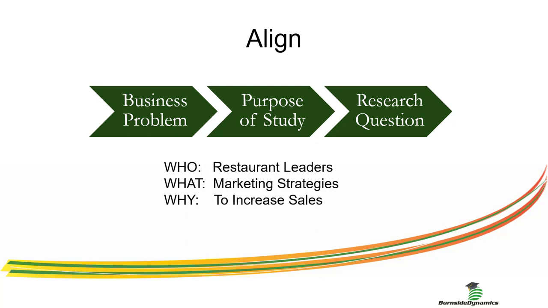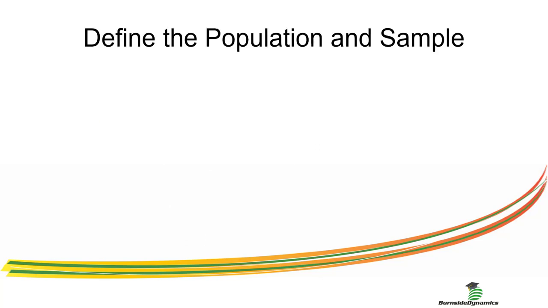Therefore, our research question will be, again, something along the lines of, what marketing strategies do restaurant leaders use to increase sales? So the who, what, and why will be the same throughout the entire document, but the wording around them might be slightly different. But we must align our business problem to the purpose of the study to our research question.